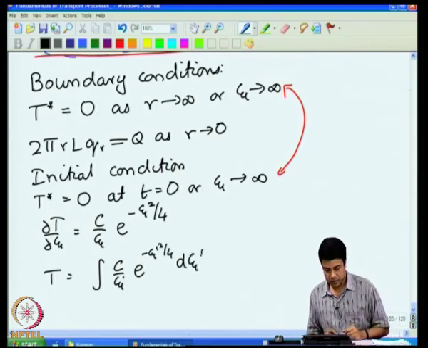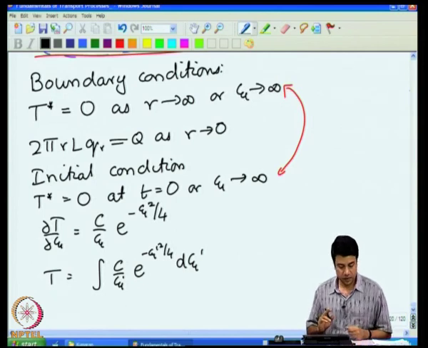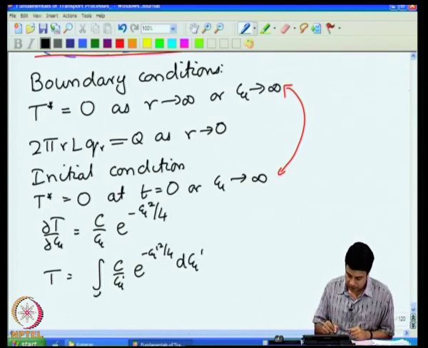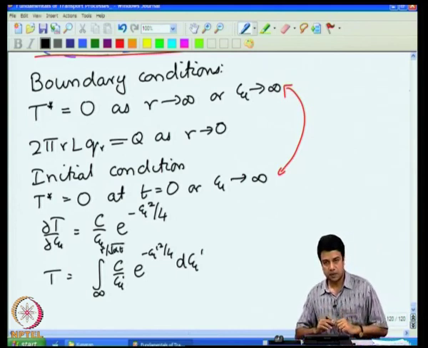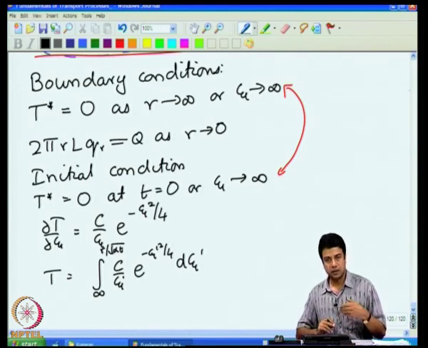We know that the temperature has to go to 0 as psi goes to infinity. Therefore, I can integrate from infinity to r by root alpha t. The upper limit of integration has to be the coordinate, in this case psi. The lower limit of integration can be any value.